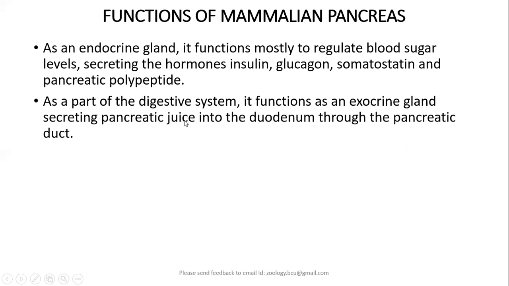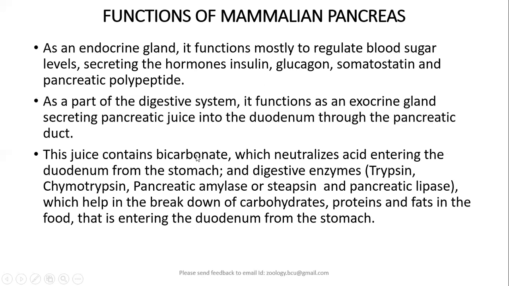All these pancreatic juices will be poured into the duodenum. The pancreatic secretions, as they also have bicarbonates, help in the neutralization of the food which enters the duodenum from the stomach, and also contain the digestive enzymes like trypsin, chymotrypsin, pancreatic amylase or amylopsin, along with the pancreatic lipase.